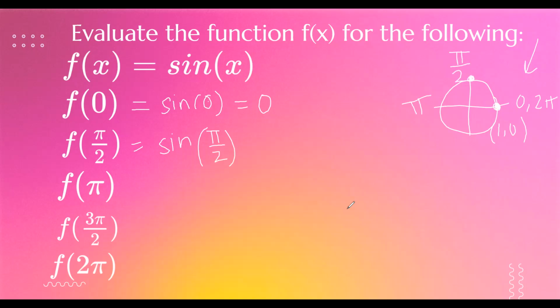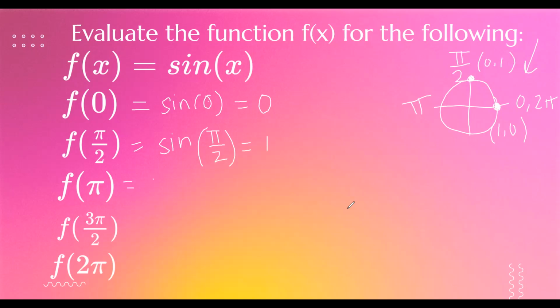And that coordinate right there is x is 1, y is 0. Oops, I lied. Just kidding, making sure you guys are paying attention. Actually, x is 0, y is 1. So if I want to find sine of pi over 2, it's just going to be 1, because the y coordinate, or sine, is 1.